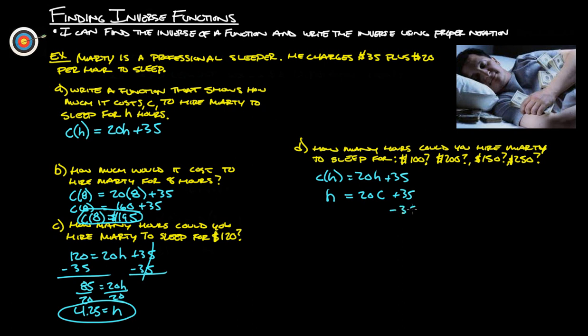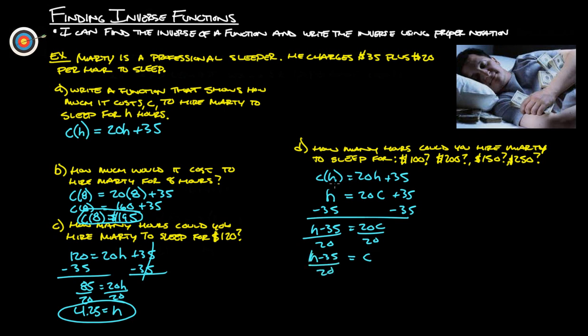And now we're going to solve this thing for C, right? So subtract 35. So we get H minus 35 equals 20C. Divide both sides by 20, and we get that C equals (H minus 35) over 20. But now it's not really the C, right?